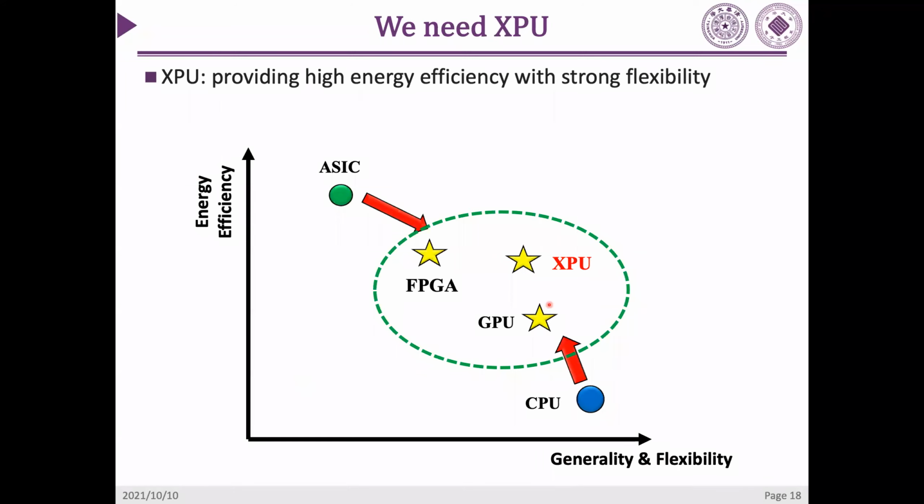So we try to find some XPU providing high energy efficiency with strong flexibility. I think you see a lot of different processing units with X: NPU, DPU, a lot of different PUs. So we will talk about this part.